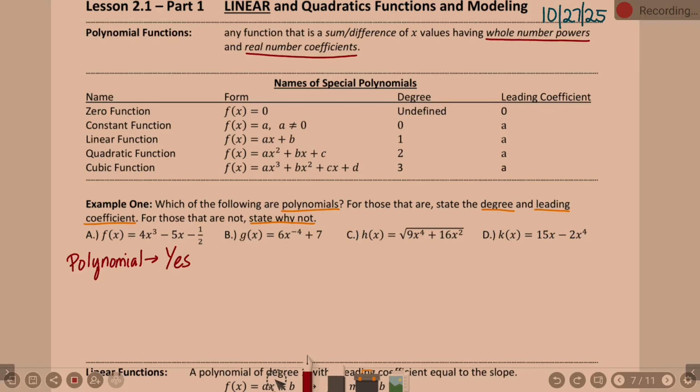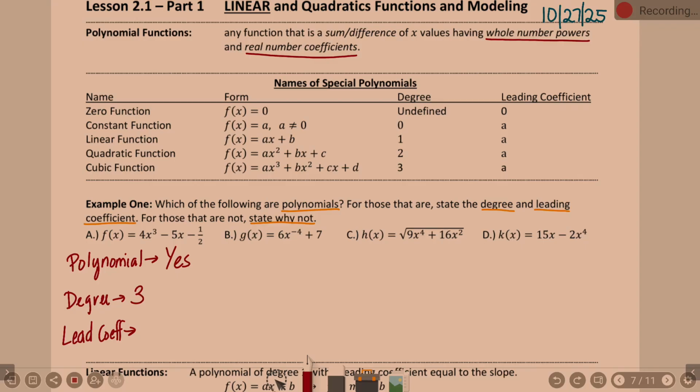If it is a polynomial, you're being asked for the degree and leading coefficient. As I said, I taught this just this morning in Algebra 2. What's the degree? Would it be 3? And why 3?